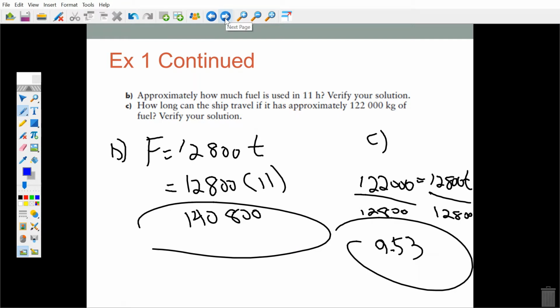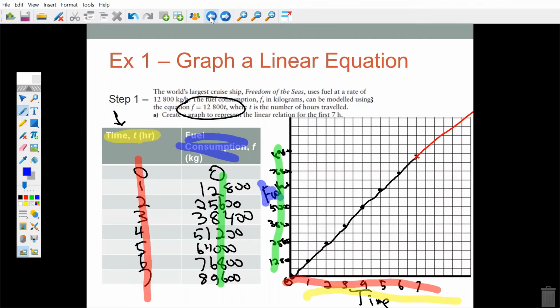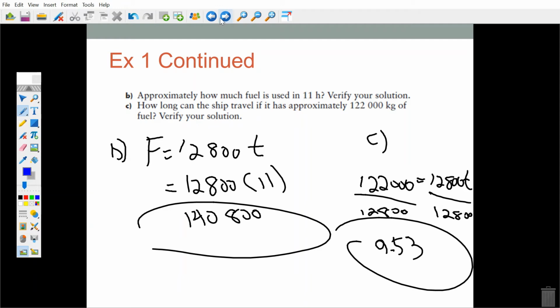Questions B and C ask how much fuel would be used in 11 hours, and how far the ship could travel if you used 122,000 kilograms of fuel. You could use your graph and try to extrapolate out to find the values, but that's not going to give you a precise value. The most precise values come from using the equation.